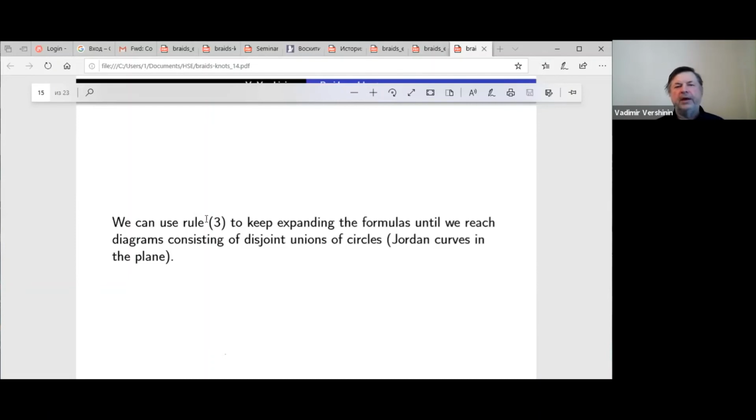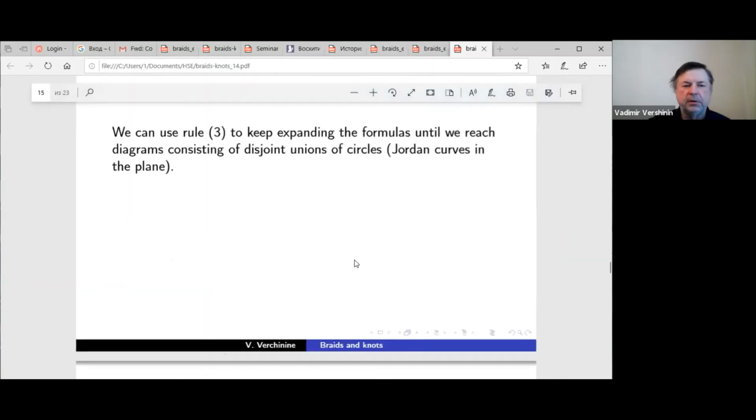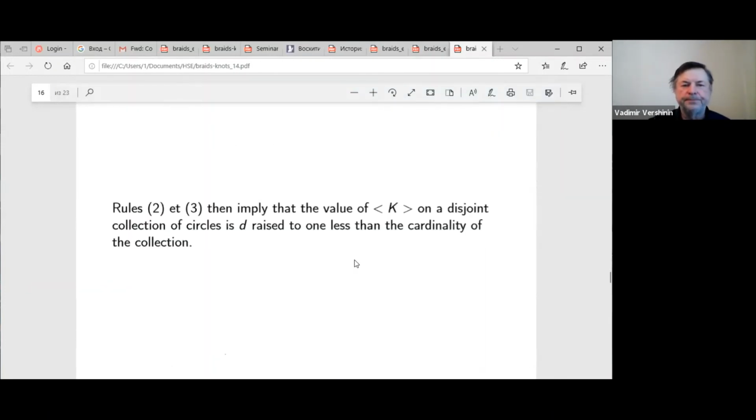We can smooth every crossing, and we finally reach a diagram which consists of a disjoint union of circles, because everything is bounded, and there are no crossings. So what does it mean? You can simply have several circles.